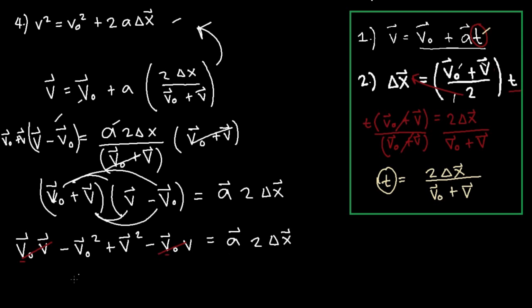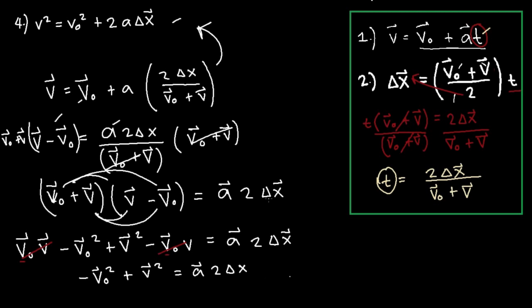So ang mabilin dayon is negative initial velocity squared plus final velocity squared is equal to acceleration times 2 times displacement. So pag ibalhin nato ang initial velocity sa pikas, ma-positive.